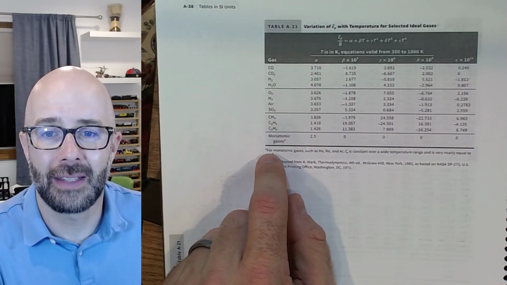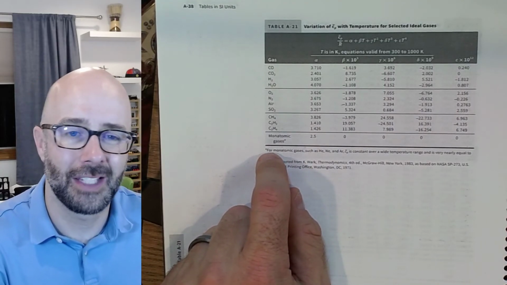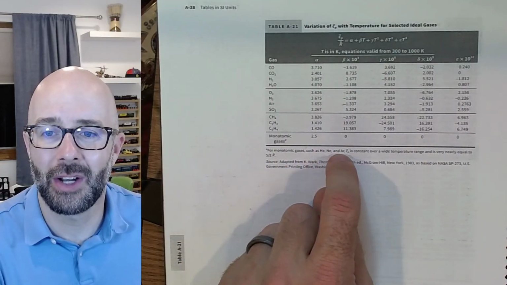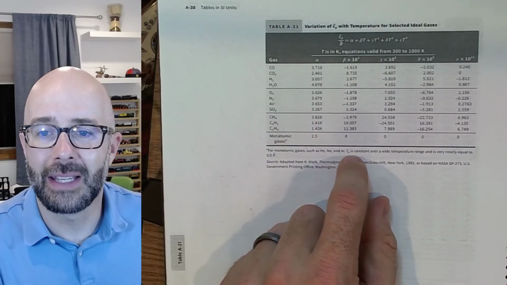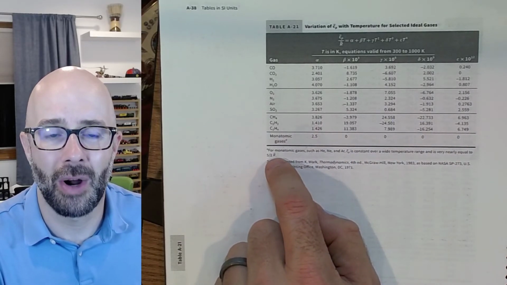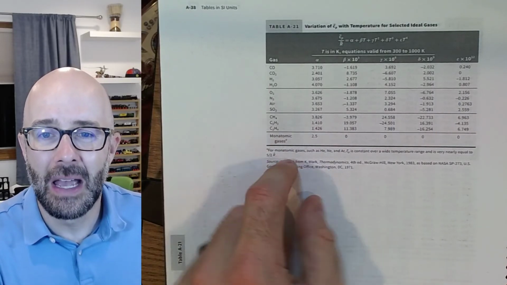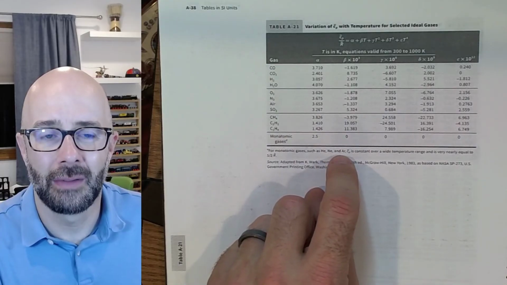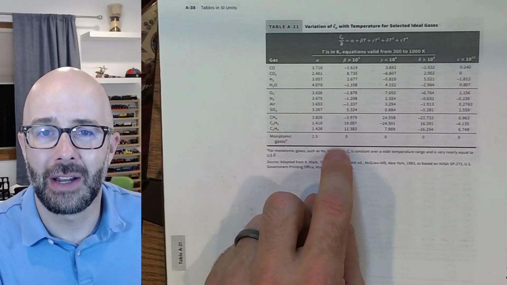But we will be using this footnote. I can't zoom in with my system here, but it says, for monatomic gases such as helium, neon, and argon, C sub P bar is constant over a wide temperature range and is very nearly equal to 5/2 R bar. This single footnote, when we're dealing with helium, neon, argon, and other monatomic gases, is very, very important.